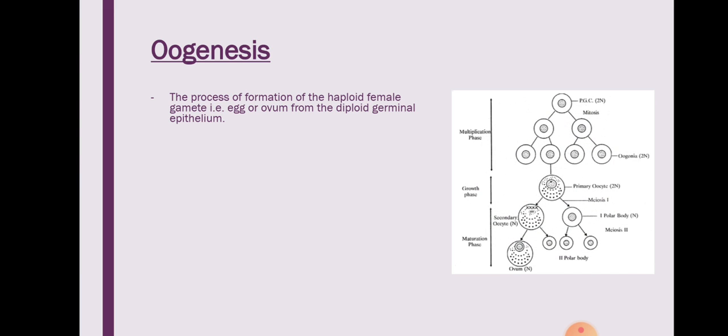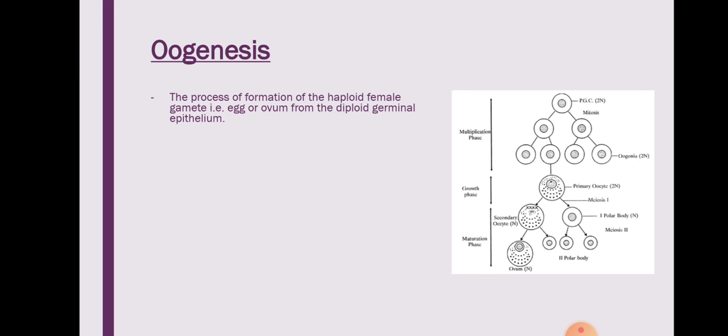Now the next part of the video is oogenesis, formation of the haploid female gamete, egg or ovum, from the diploid germinal epithelium. Now this oogenesis is very interesting. It has the same phases as gametogenesis in males: multiplication, growth phase, and maturation phase.